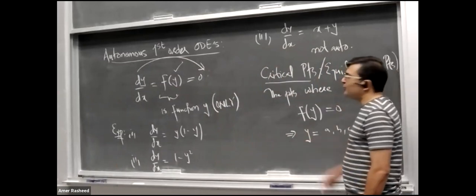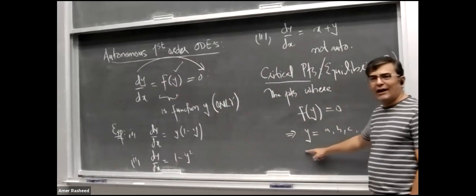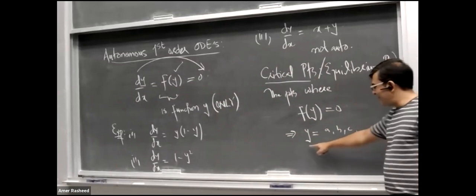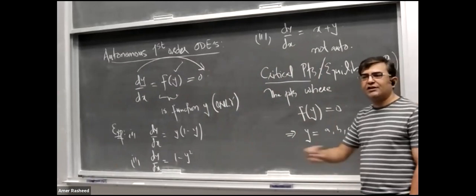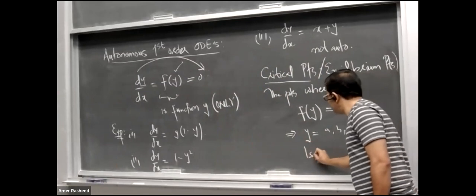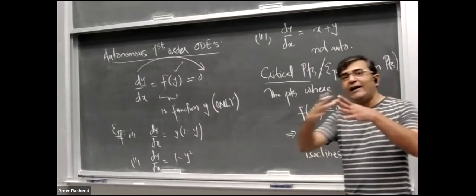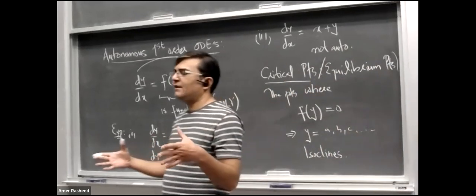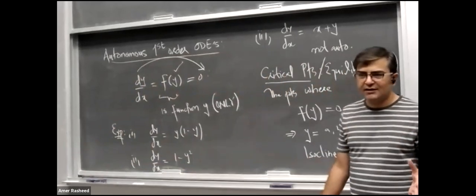So these critical points also give us isoclines. y is equal to a, some value a could be any real number, 2, 3, 5, anything. So these are all also isoclines. These isoclines divide the plane into parts, into portions.